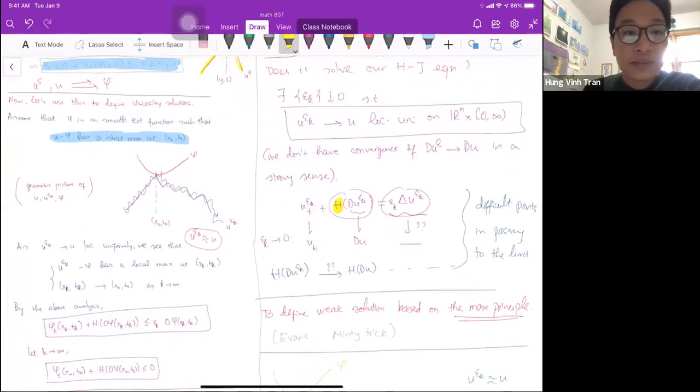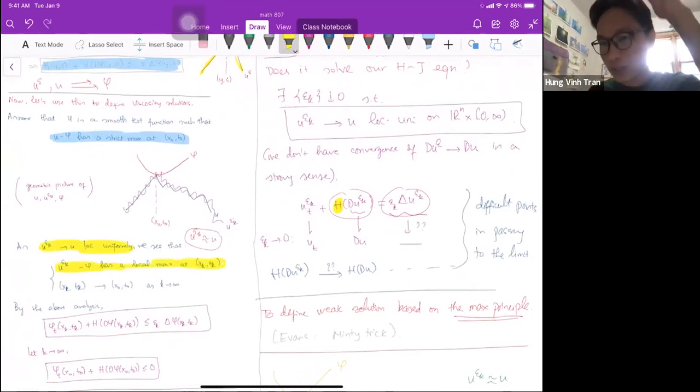We have u minus phi has a strict max at x naught t naught, and because u epsilon k converges to u locally uniformly, we can say that u epsilon k minus phi has a local max at a nearby point xk tk, and xk tk converges to x0 t0 as k goes to infinity.